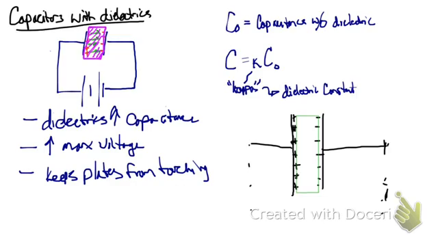We know that with our valence electrons, they're not locked in one particular place, they are allowed to move freely about the atom. Well, what happens then is if you have this positive charge over on this side of the capacitor, you get electrons.